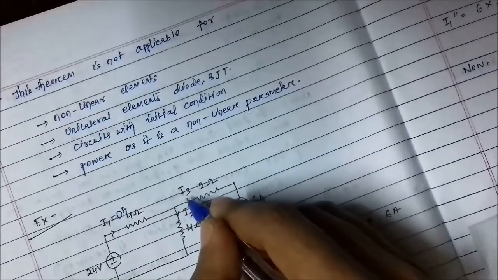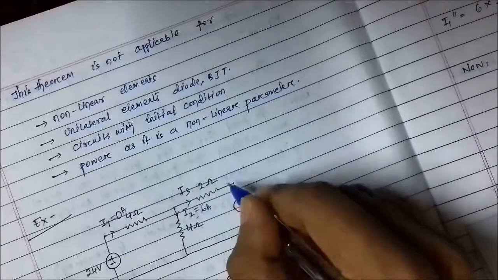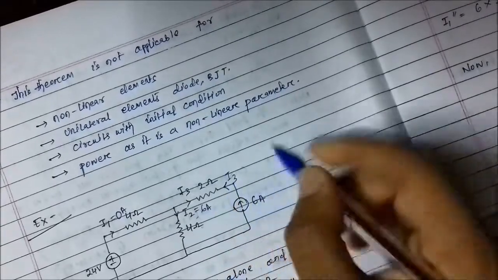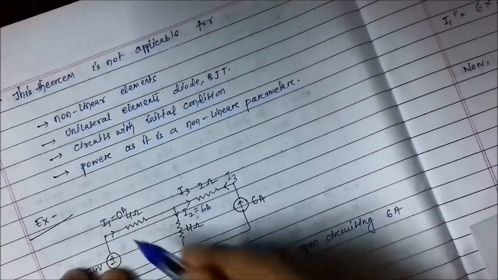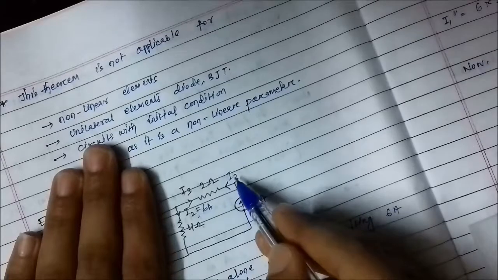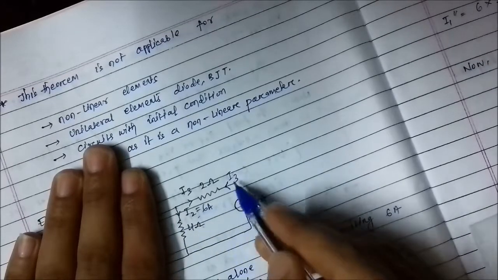Here we have assumed that I3 is flowing in this direction, but I3 is actually flowing in this direction. This is I3. So no current flows through this, it is open circuited, so leave it here. I3 equals I2 equals 6 ampere.